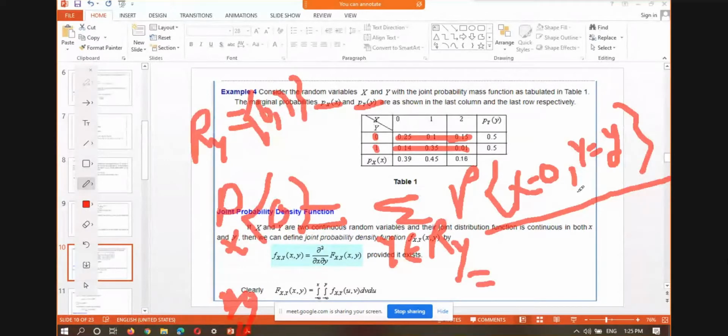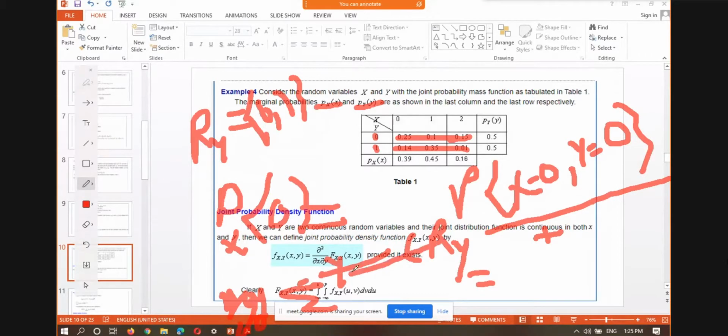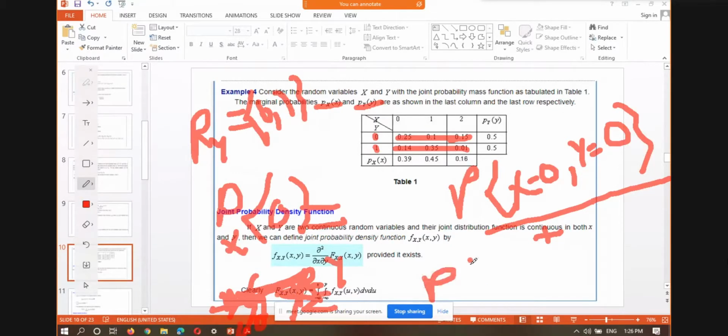So it means I have to add this value for y equal to 0 plus this one. If we expand this summation, one is this one and the other is the probability that X equals 0, because x is not changing and y is taking another value.